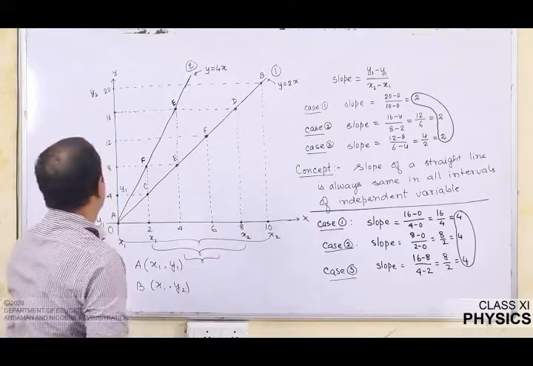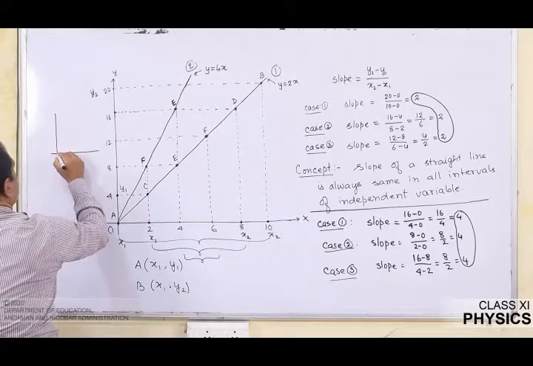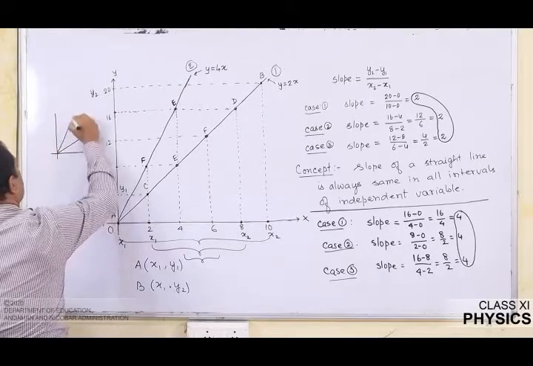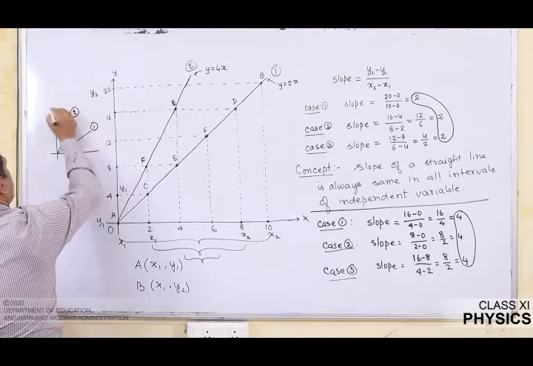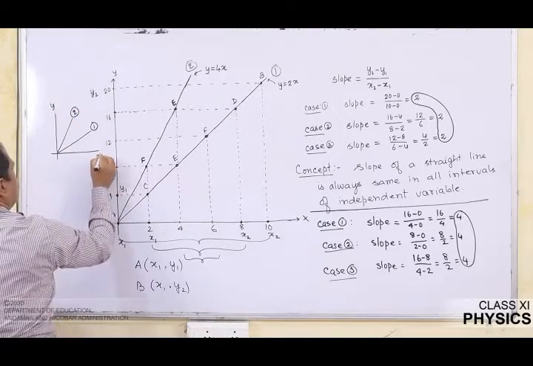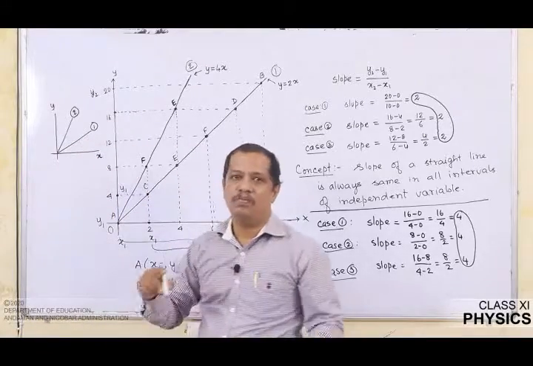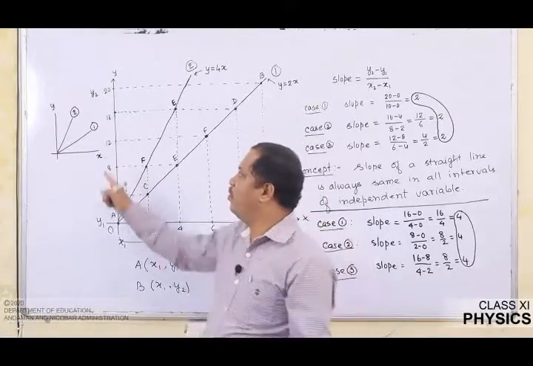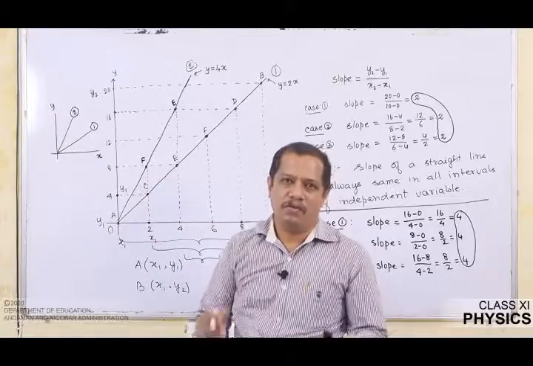Generally, if a graph is given to me like this, say this is line 1, this is line 2, and this is the y axis, this is the x axis, and I am asked which line has more slope, then by looking at the graph I can say that line 2 has more slope.